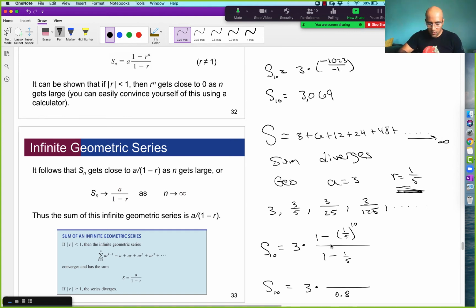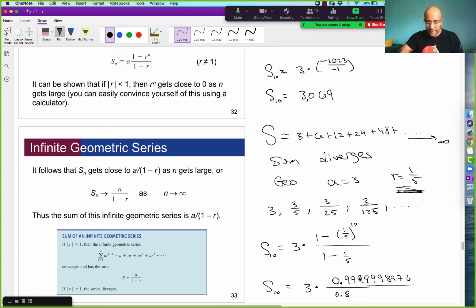And then 1 divided by 5 to the power of 10 is a very small number, so 1 minus that equals a number with a bunch of 9s, about six 9s.